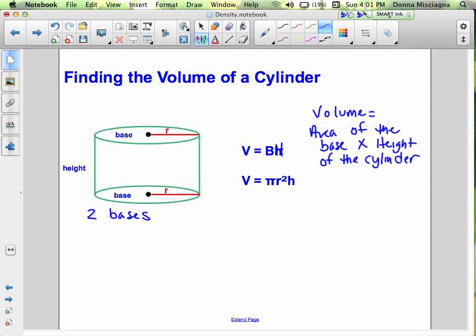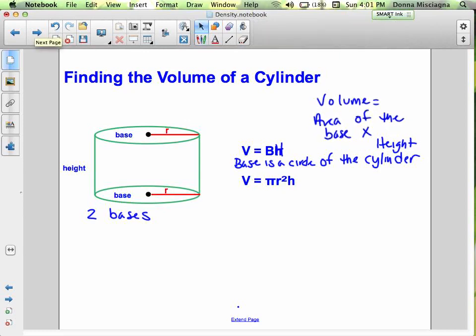But since the base of a cylinder is a circle, let's write that in there: base is a circle. We're going to use the formula for the area of a circle, which is pi r squared.